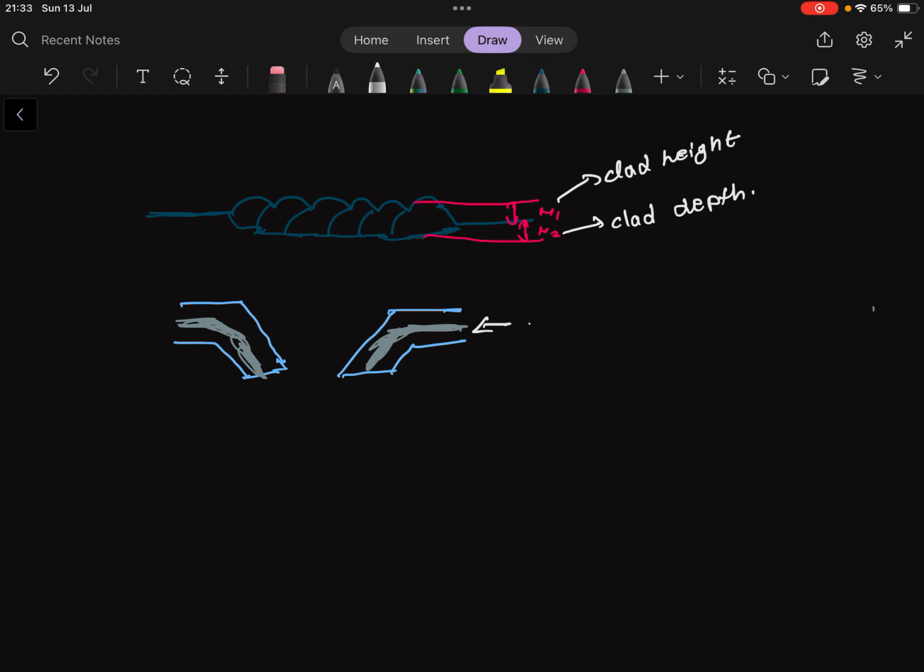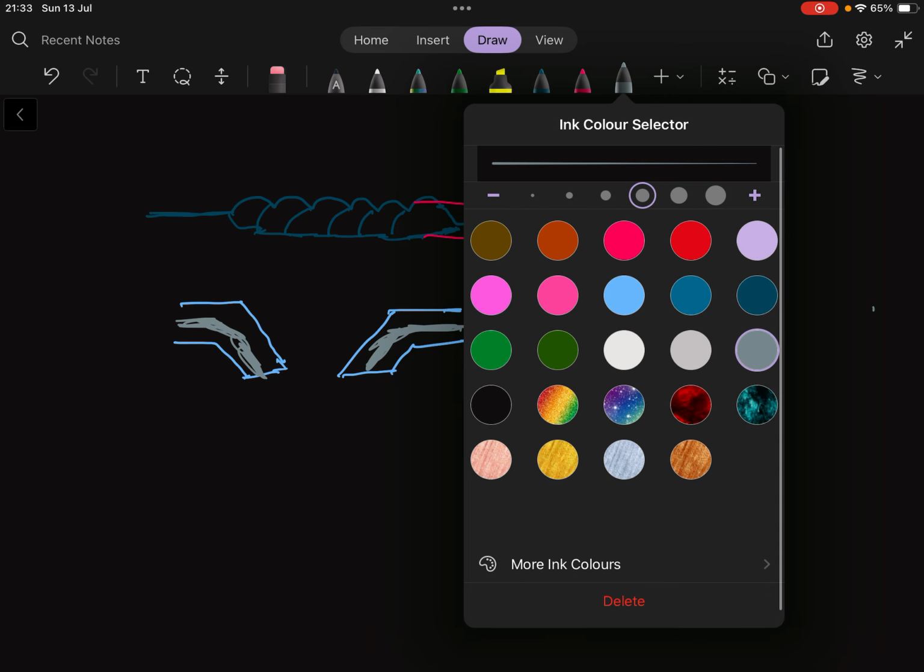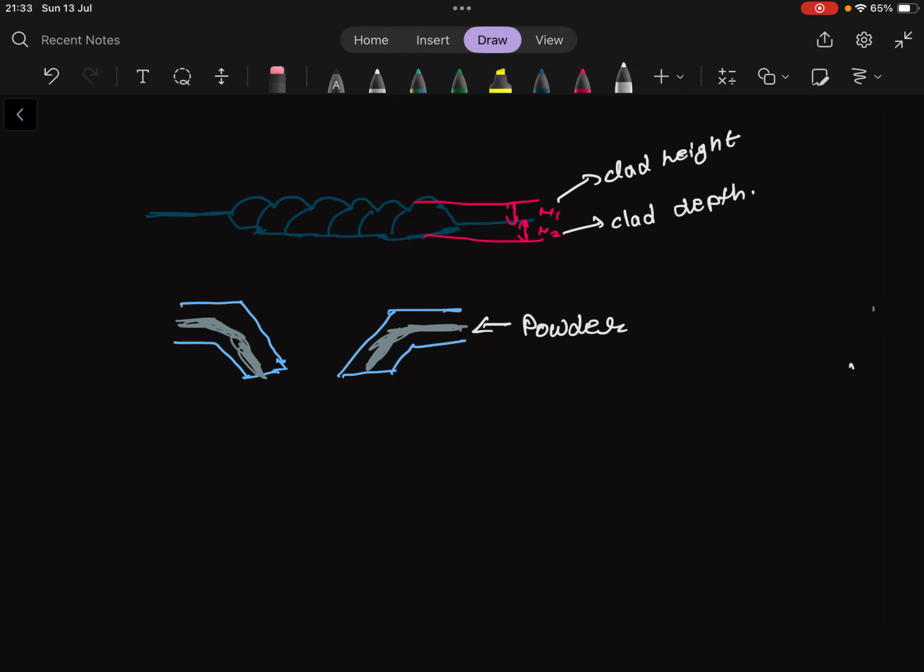So here is the inlet for the powder particles, and this will be our substrate. Let me do the substrate first. Or we can say this is our workpiece.